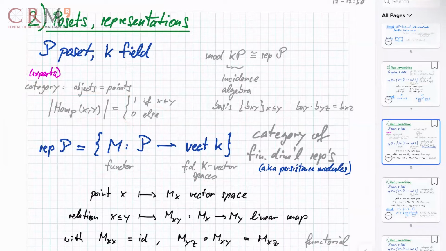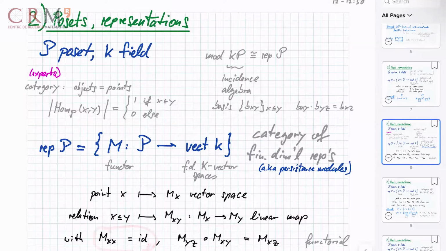And then I can describe this M as a functor. What does that mean? For every relation x smaller than y, I give myself a linear map. x is smaller than itself, reflexivity, so I insist that this linear map Mxx from Mx to Mx is the identity map. This is a condition.